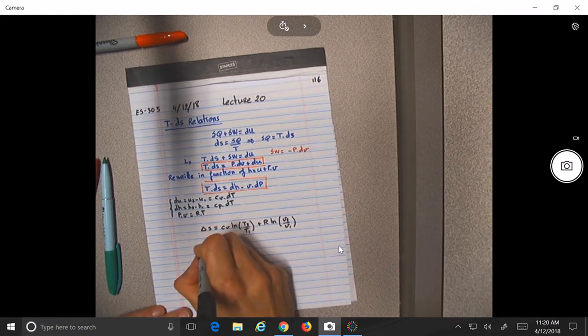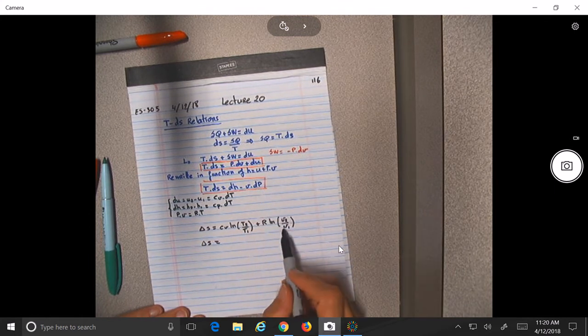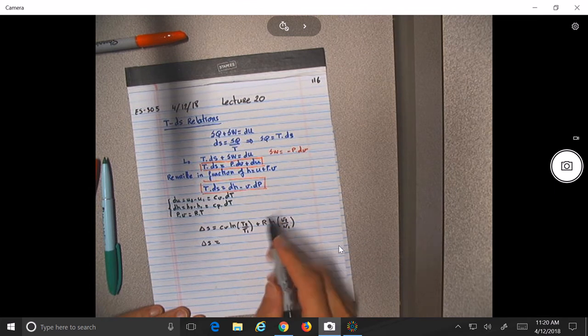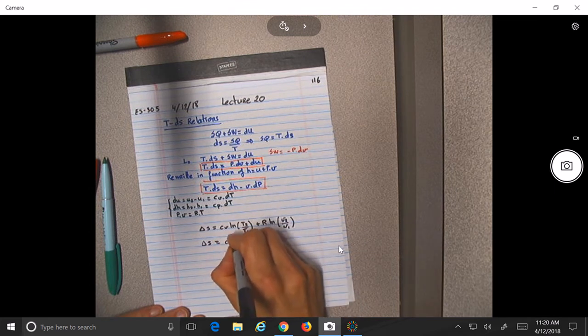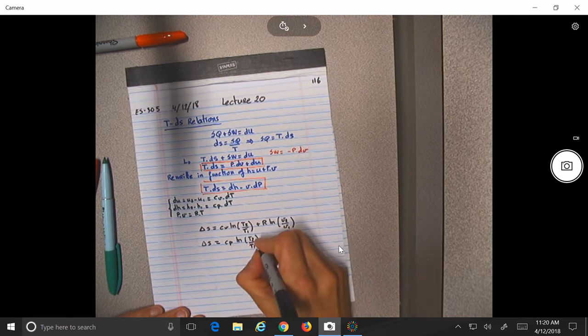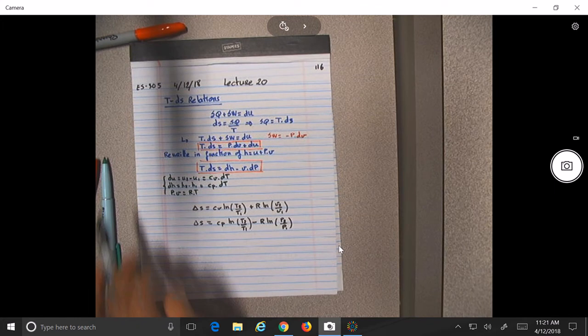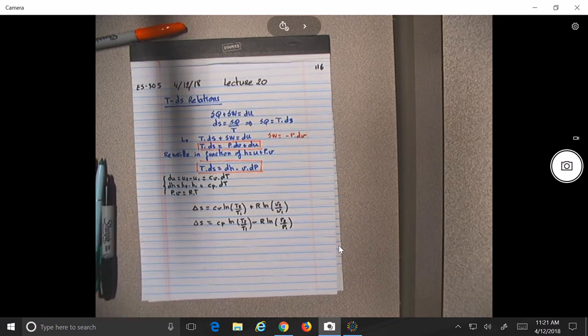And then substituting into the second one, we got Cp log T2 over T1 minus R log P2 over P1. This is what we did last time.